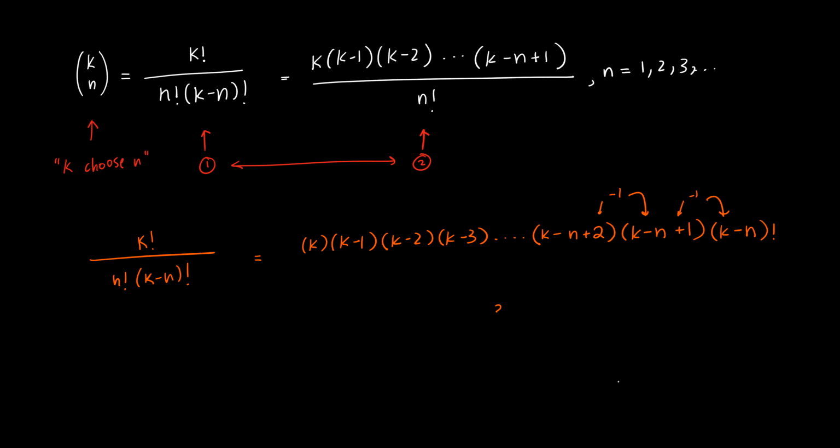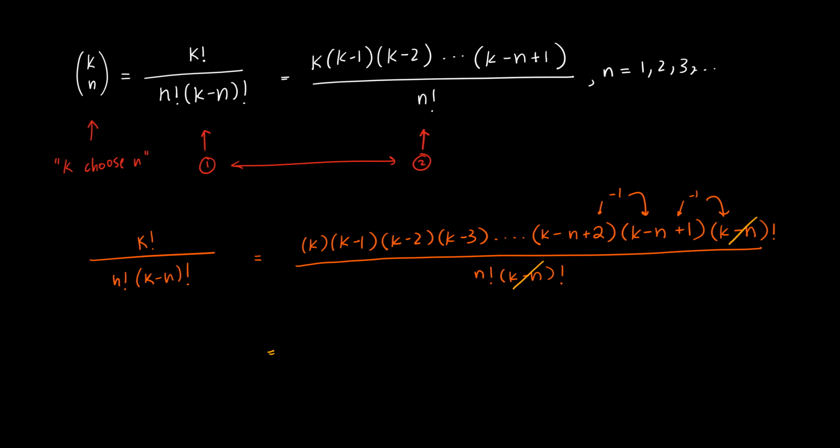For example, I could write 3 factorial as 3 times 2 factorial. So all we've really done here is use that property to realize that this is just k minus n factorial, because it's going to keep going and continue multiplying successive terms. And then we can put that denominator back, which is n factorial times k minus n factorial. Now you might notice that the k minus n factorial cancels off.